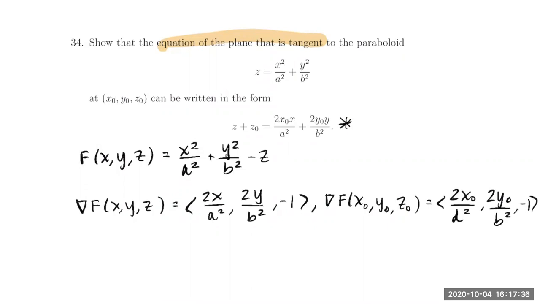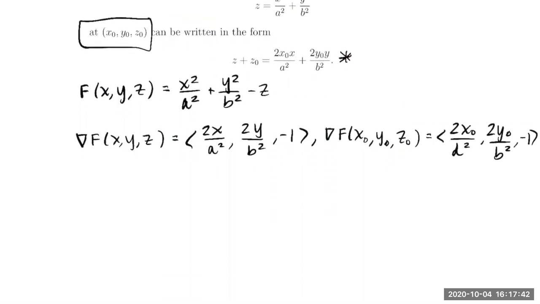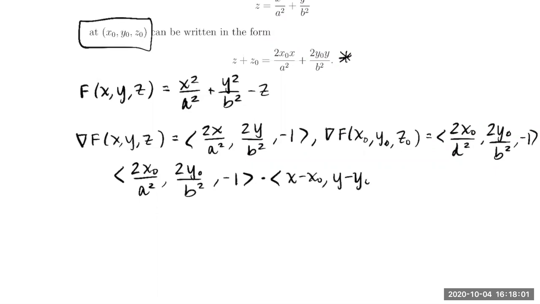All right, so pulling it all together, I want to find the equation of the tangent plane at this x0, y0, z0 point. So what I'm going to do is I'm going to take my gradient, 2x0 over a squared, 2y0 over b squared, and -1. And I want to dot it with r minus r0, which is x minus x0, y minus y0, z minus z0, and this equals 0.